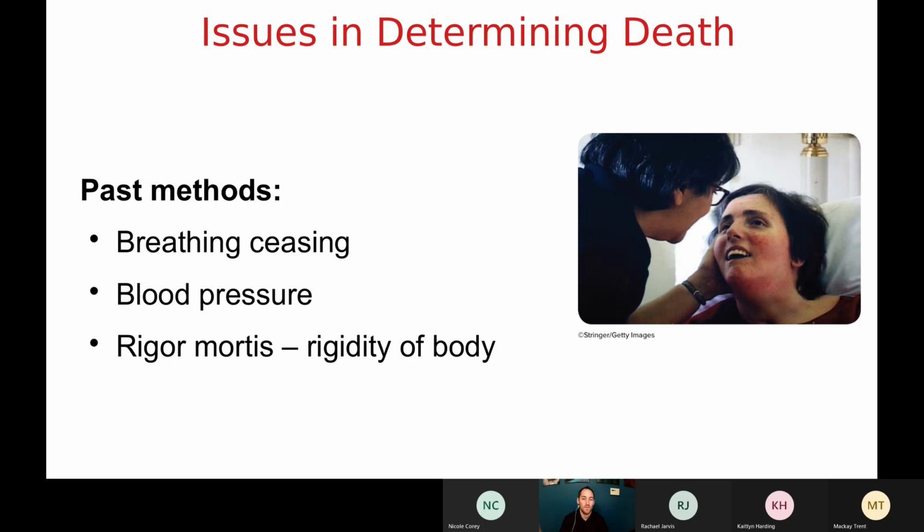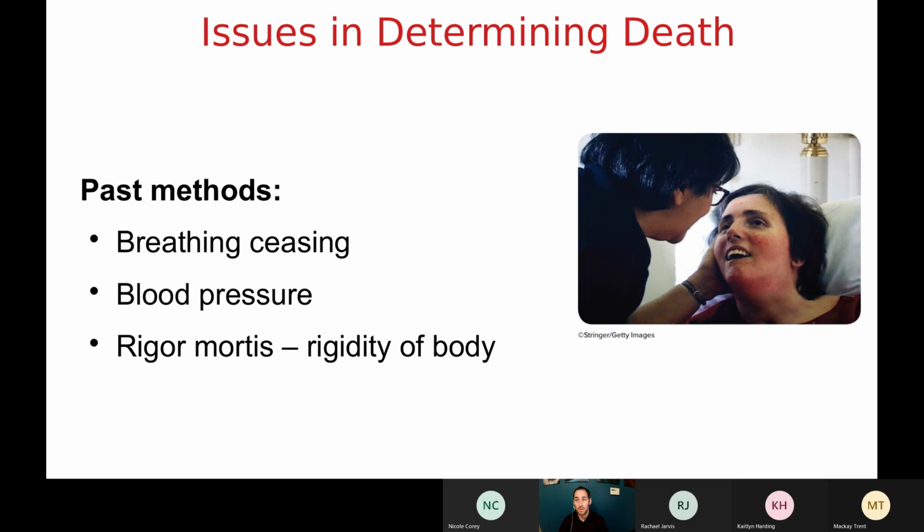Well, we've used a couple different measures or operational definitions of death in the past. So, one that's been very common over many, many millennia, for what we can tell from humans, is when breathing ceases. So, if you look at even earlier medical records, before people learned about resuscitation techniques, when breathing stopped, that person was considered dead.